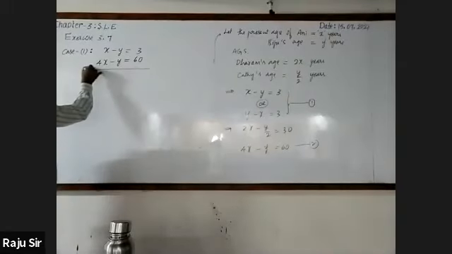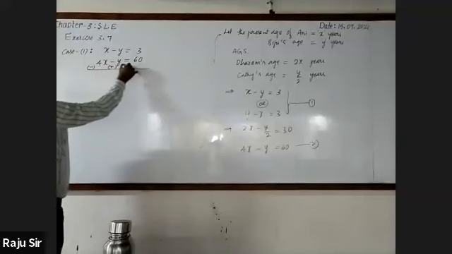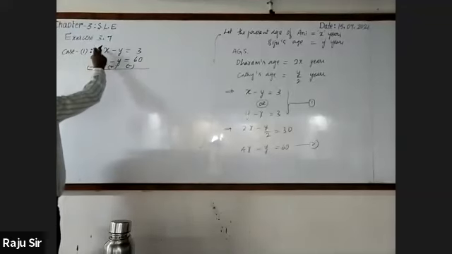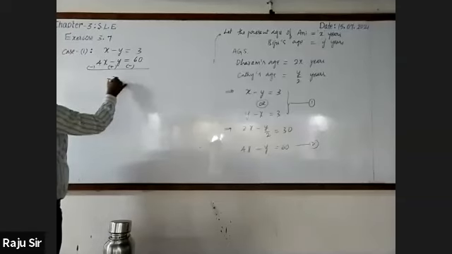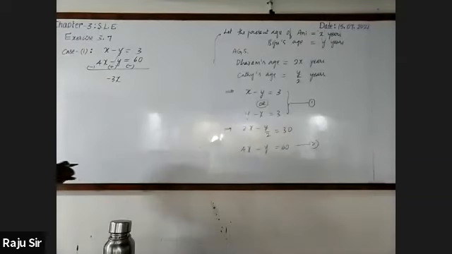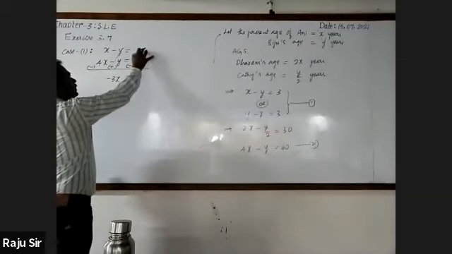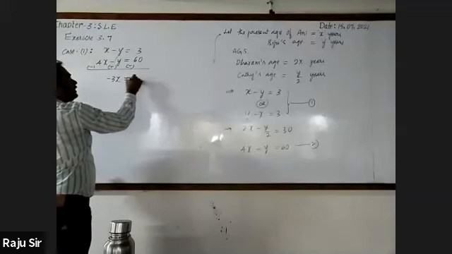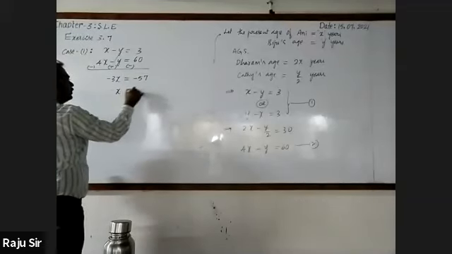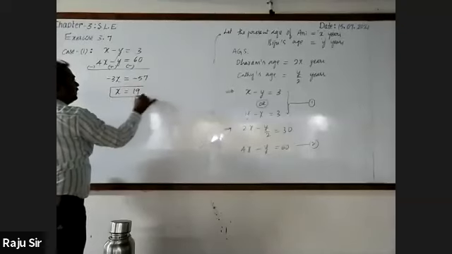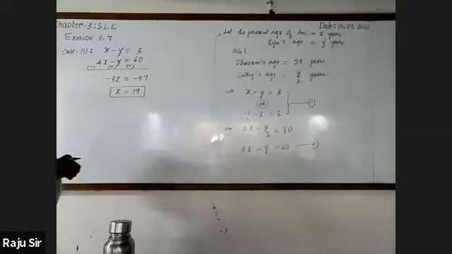You may change the sign: minus, plus, minus. X minus 4x is minus 3x. Minus Y plus Y get cancelled. It's equal to 3 minus 60, which is minus 57. Then X is equal to 19. Have you got the same? Yes, sir.